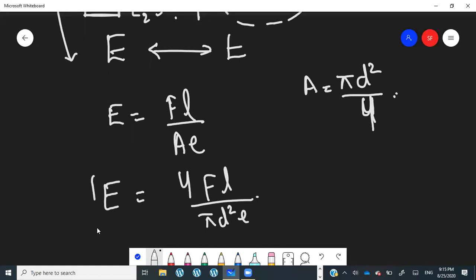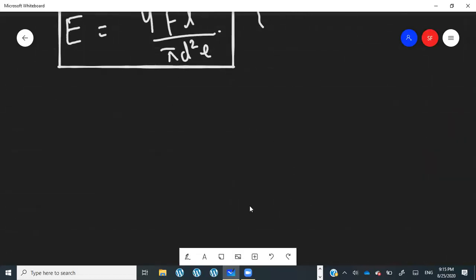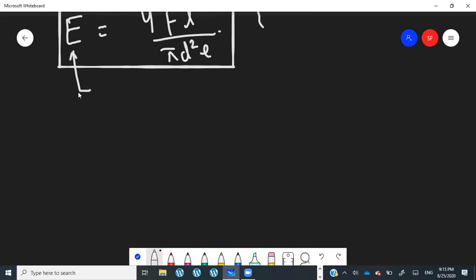This is another formula of Young modulus, and now the examiner can change the diameter of the wire and then tell you what's going to be the new extension or new length or the new force or anything like that. But if he asks you the new Young modulus, as long as the material is the same, the Young modulus will stay the same. Correct.